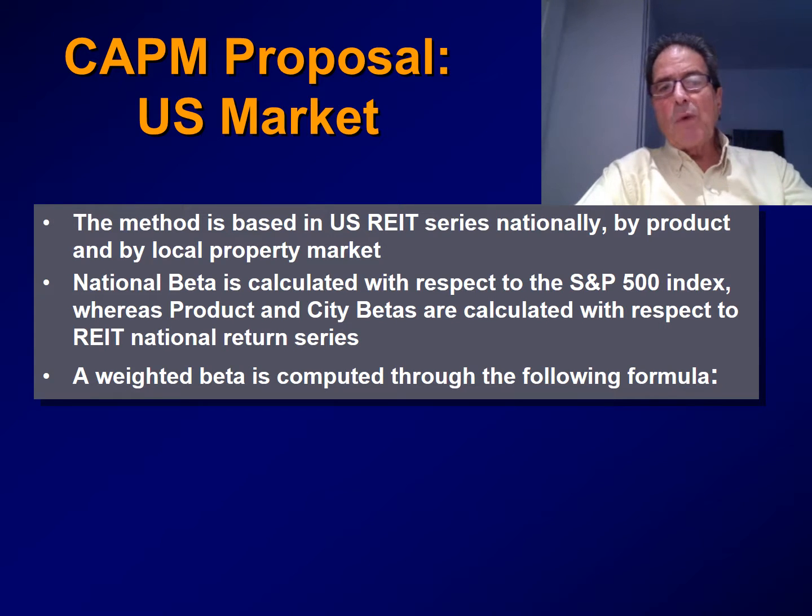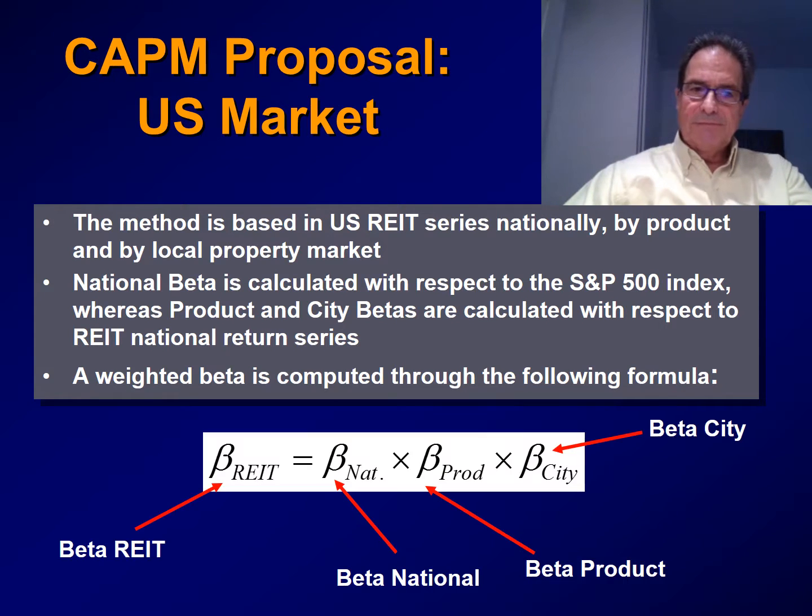The result is a weighted beta formula that we show here. So the beta of a particular REIT is equal to the product of the national beta by the product beta by the city beta.